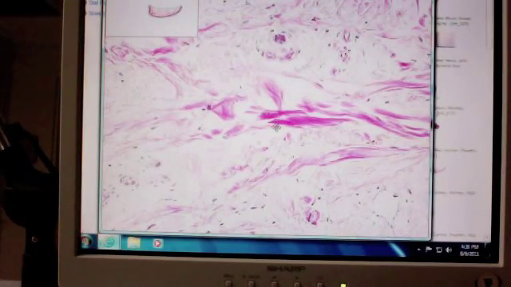So dense, irregular connective tissue. And remember, if we're talking about stroma of glands, stroma in the glands is a form of loose connective tissue.